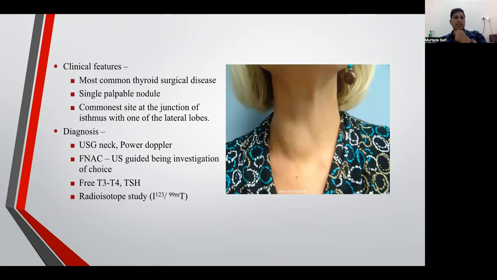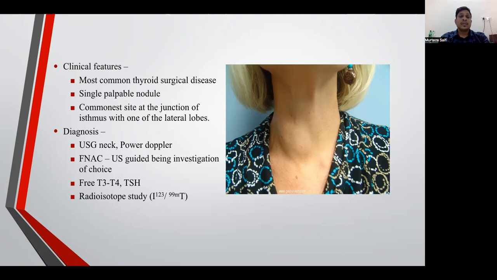Now, clinical features. You can see it is the most common thyroid disease, surgical, and single palpable nodule. You can see the commonest site is at the junction of the isthmus with one of the lateral lobes. The diagnosis is by USG neck, color Doppler, FNAC.